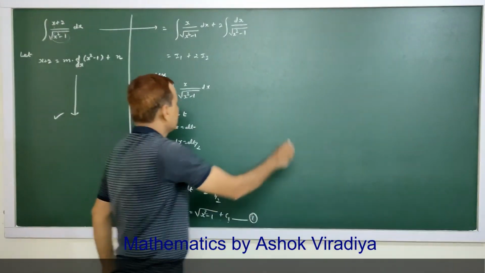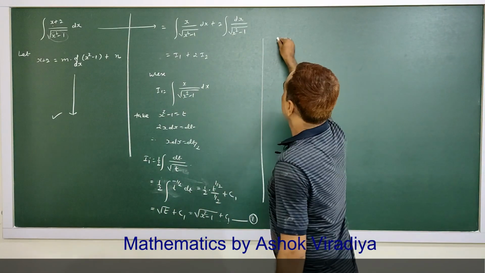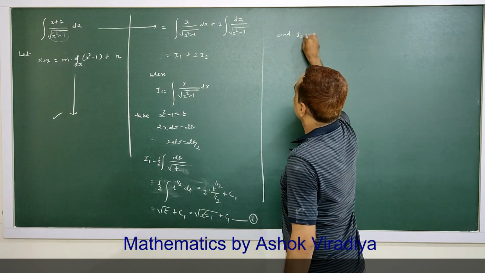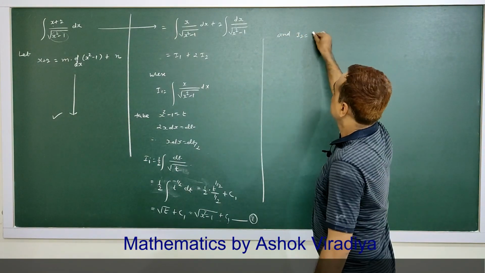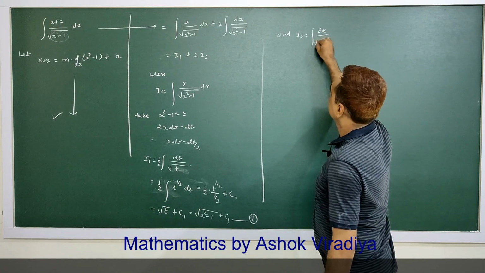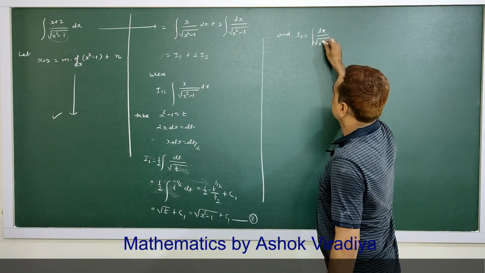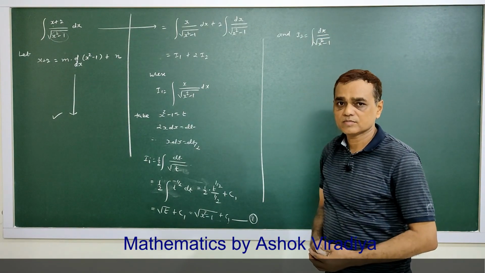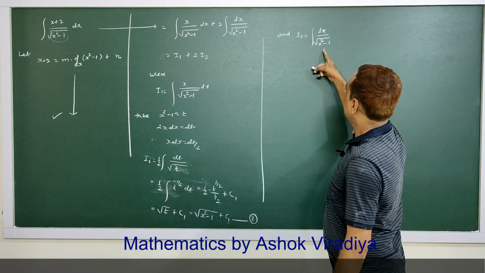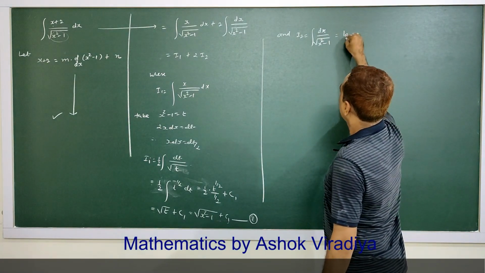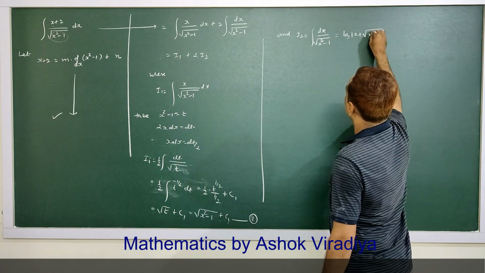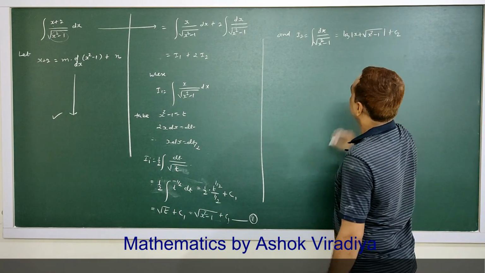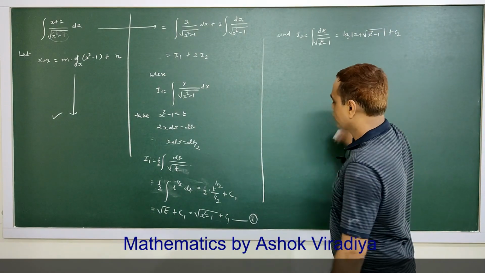I2 is 2 times dx upon root x square minus 1. Now see, this is simple. It is 2 times log mod x plus root x square minus 1 plus c2. So this is 2.